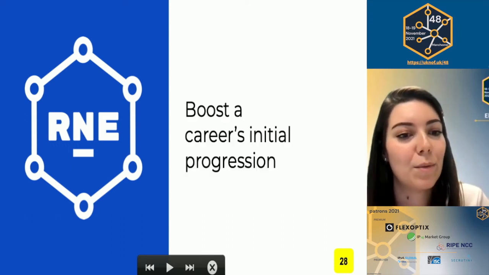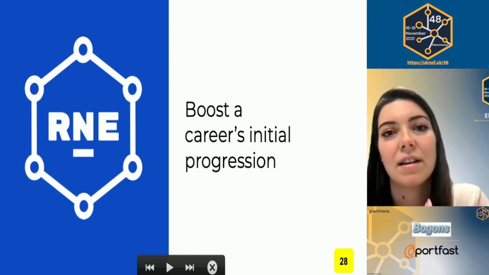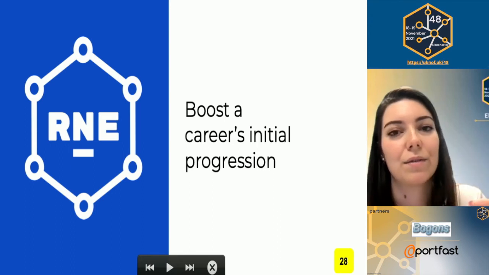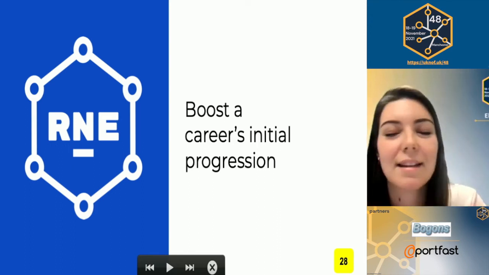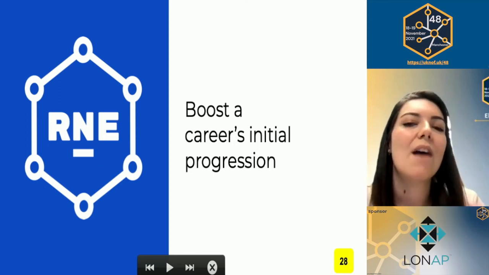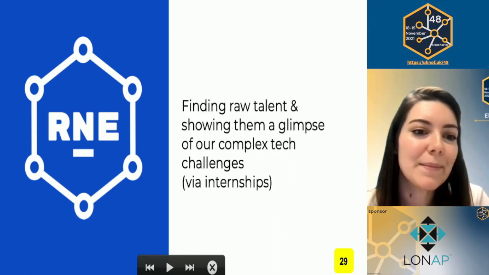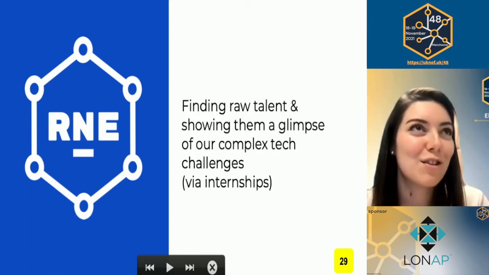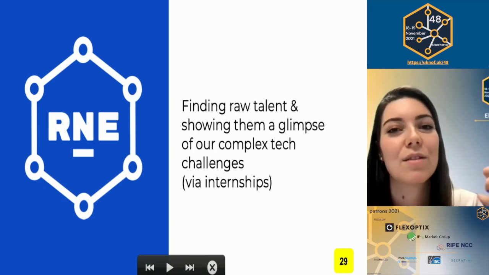The idea is that we boost career progression. We give engineers enough time to get used to our tools and the way we work at scale, but the idea is that as soon as they join, they have a platform to grow. Next slide, please. We not only help them, but we also find people that have this talent or knowledge.